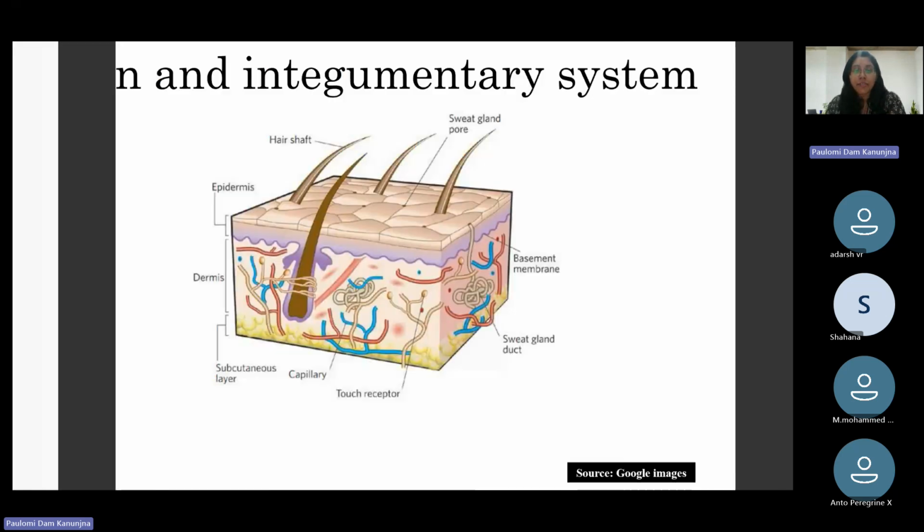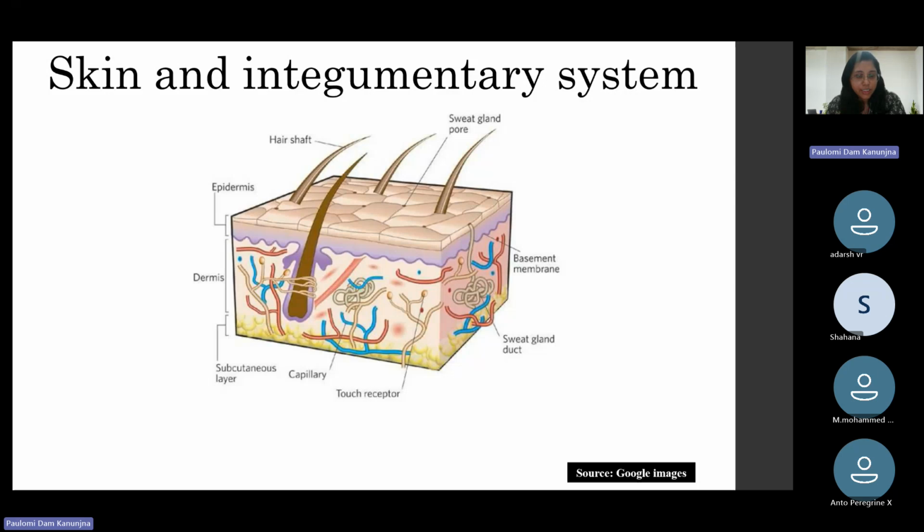You would have started with skin and the integumentary system, which is basically telling you how your skin is structured. You would have looked at this kind of structure in your notes, saying what layers you find in skin. So you have the epidermis, then the dermis, then the subcutaneous layer, and these have touch receptors, hair shafts, sweat glands.